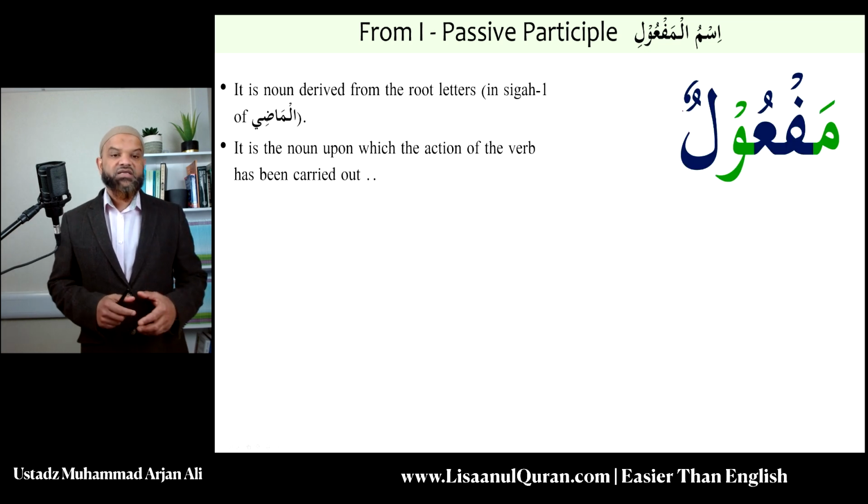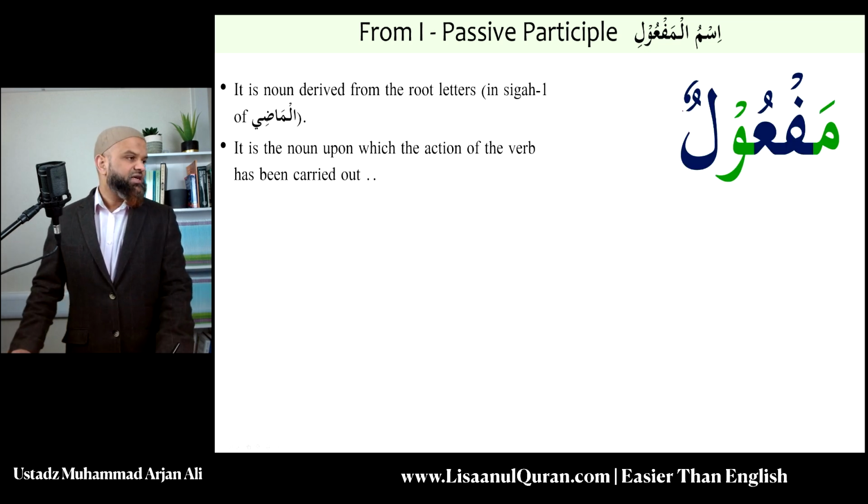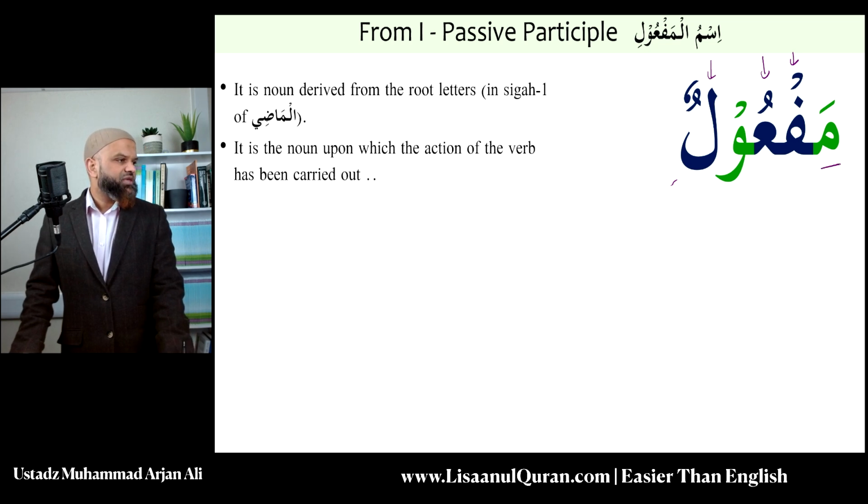And that is the passive participle. And the pattern for it is maf'ulun. Again, please note, as I say many times, this is a pattern where the first root letter is represented by fa, the second root letter is represented by ain, and the third root letter is represented by lam. So here, of course, we have the meem as an addition and the waw as an addition.